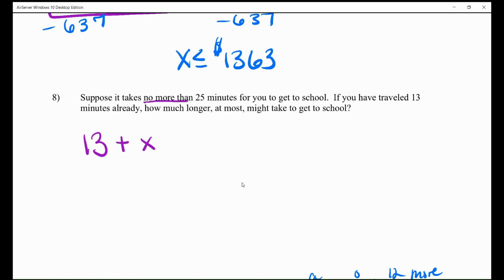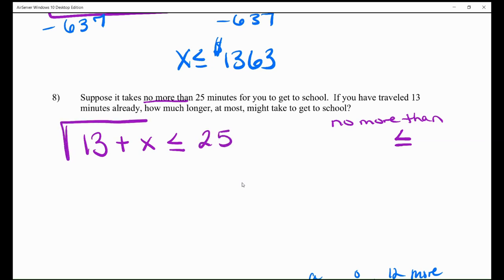Now, no more than would mean that that's the highest possible number, so that means less than or equal to. And it's less than or equal to 25 minutes. So there's our inequality that models the situation.